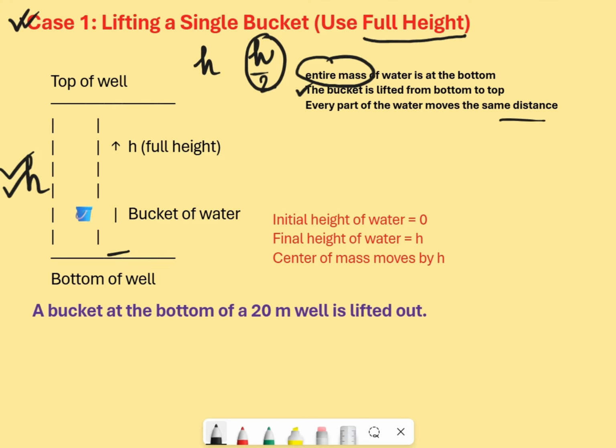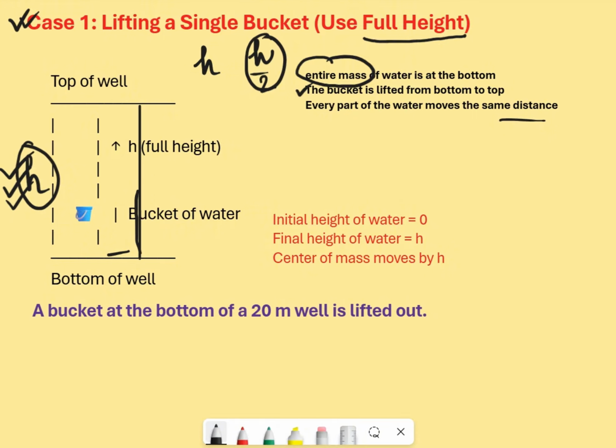It means if you install a pipe, say here, and you are lifting all the water, it will exit from this pipe. Indeed, we also use the value of total height or the full height.